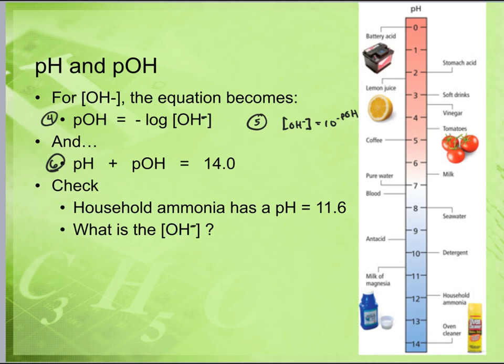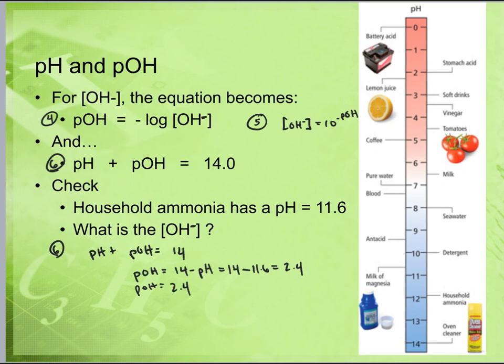Well, first of all, using equation number 6, which is pH plus pOH equals 14, I can get that pOH is 14 minus pH, which is 14 minus 11.6, which is going to be 2.4. So my pOH is 2.4.